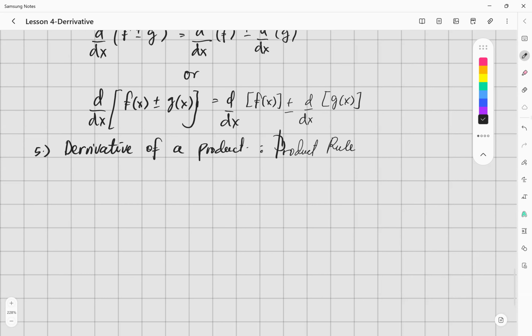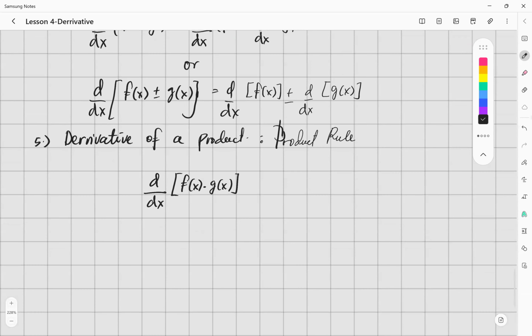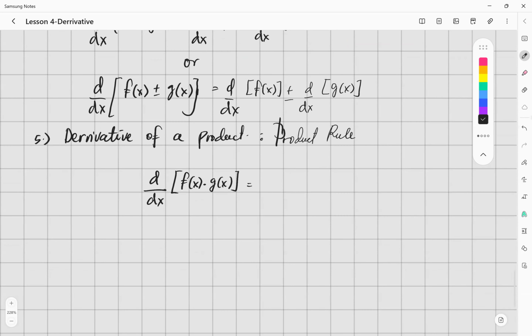For example, if you have two functions multiplied together, unlike addition and subtraction, you first take the derivative of the first function, then multiply by the second function. Then you plus the derivative of the second function multiplied by the first function, with respect to dx.